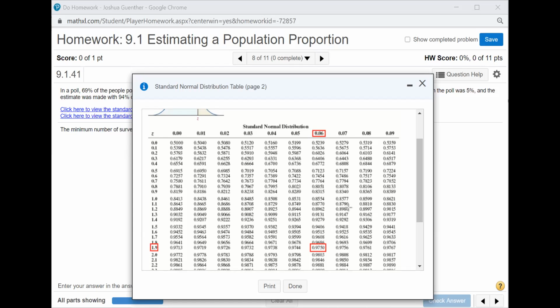So for a 95% confidence interval, your z-score is going to be 1.96. In fact, that's going to be true for any z confidence interval in this course, which is really convenient, really nice to hear. Okay, so 1.96 is our z-score.